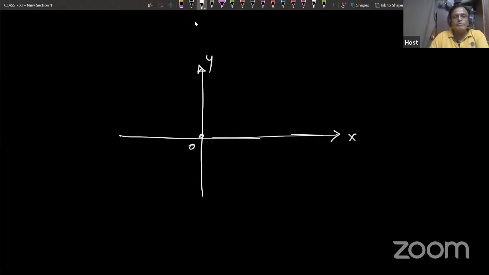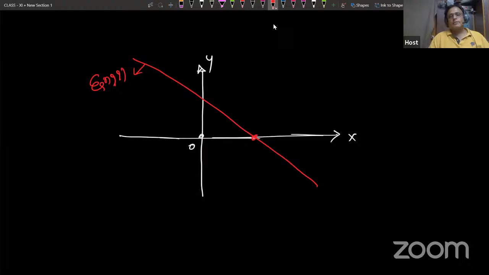Now there is a line which cuts both the x and y-axis, and ultimately we have to find the equation of this line. Think that the line cuts the x-axis at A and the y-axis at B. This is called the x-intercept, and suppose this x-intercept is given as A.